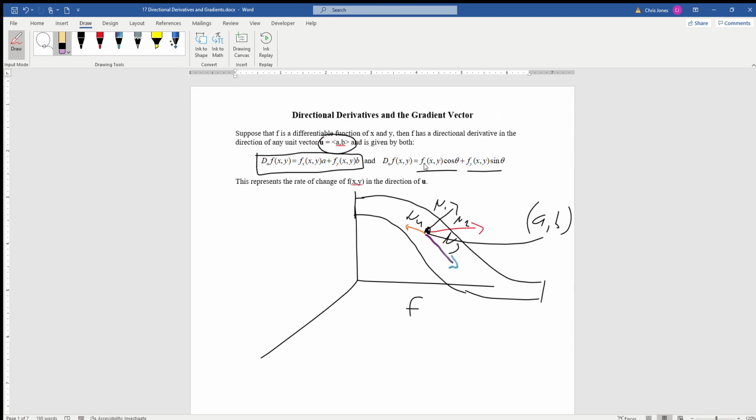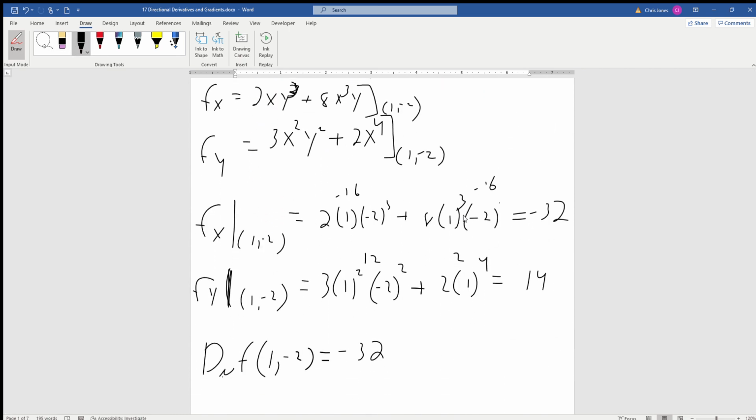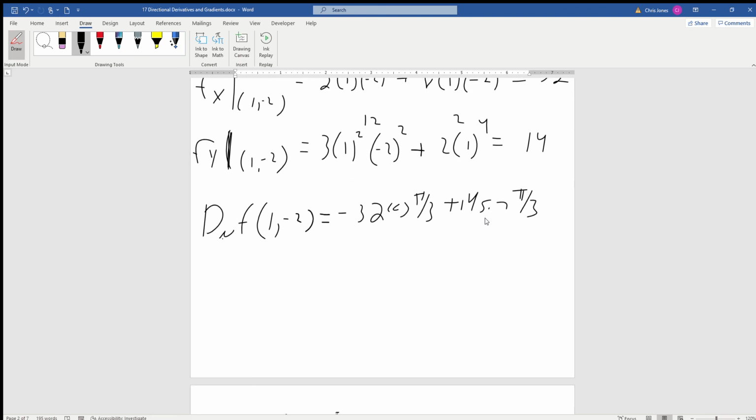So we have f_x cos of theta, so it's going to be cos of pi thirds plus 14 sine of pi thirds. You probably remember cosine of pi thirds is a half, so this will be negative 16. And then sine of pi thirds is root 3 over 2. Half of 14 is 7, so it'll be 7 roots of 3.